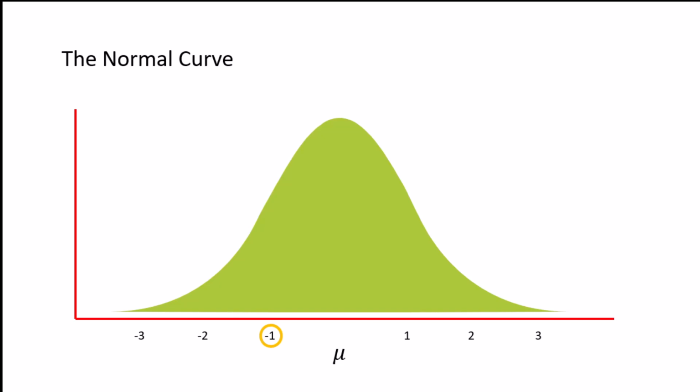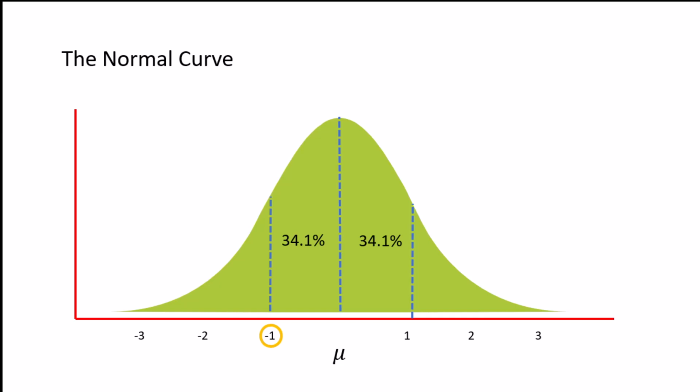One of the really interesting properties of the normal distribution is that it can be shown that about 34% of the scores will fall between the mean and one standard deviation below the mean. Because the distribution is symmetrical, we can also see that 34.1% of the scores will fall between the mean and one standard deviation above the mean.